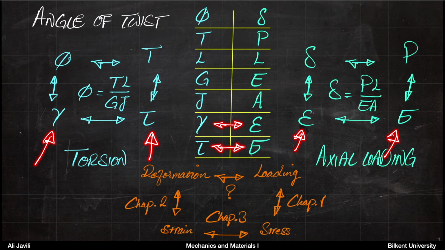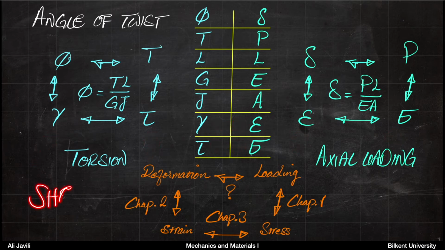So the left problem, the torsion problem, looks like a shear problem. So you have shear stress, shear strain, you have shear modulus. Here you have normal stress, normal strain, elastic modulus, Young's modulus.